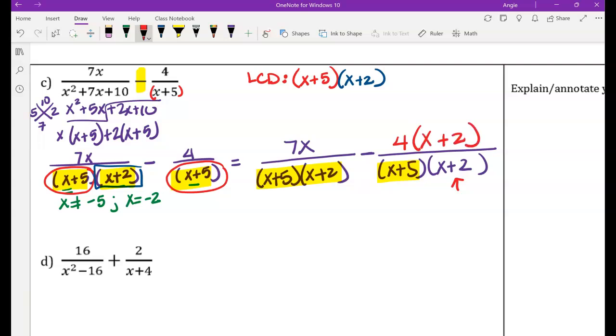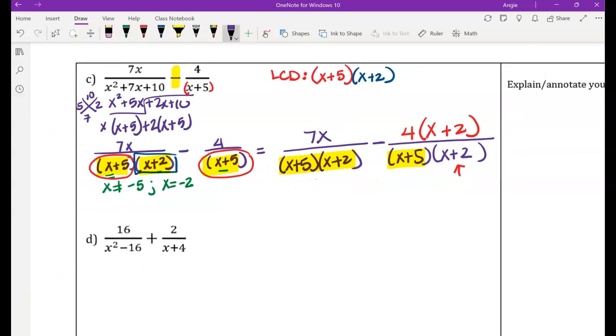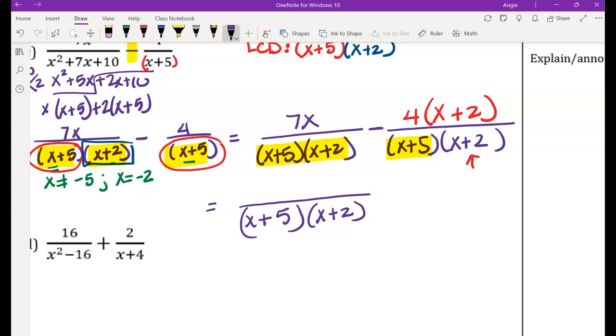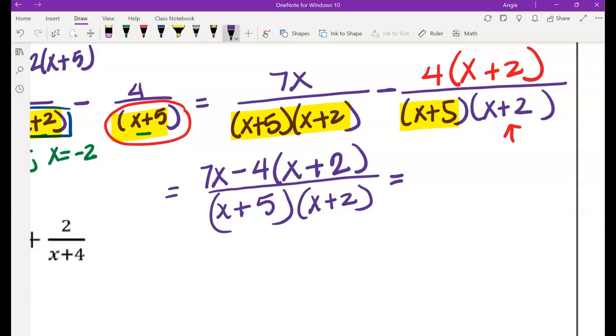Now remember, this is a subtraction question, so you have to be super cautious, okay? I'm going to write down the LCD again, but this time I want you to be so careful about minusing. I'm going to write 7x, and I'm going to write minus 4 times the quantity of x plus 2. And then I'm going to distribute, so that way, students, you know that you need to subtract this entire numerator.